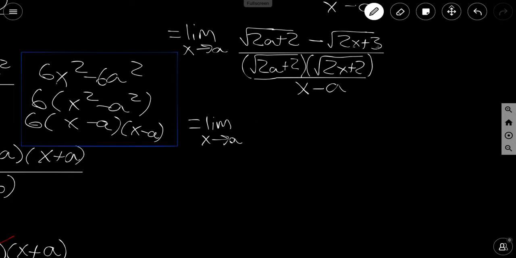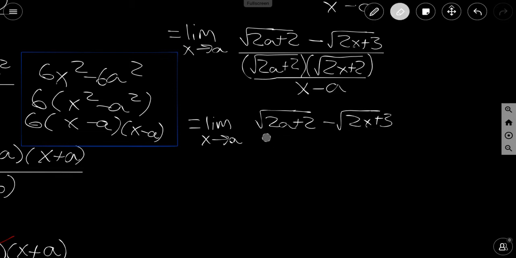Okay, and then the way that we can undo this is going to be by multiplying by the conjugate. I think that's the name of the strategy. Yeah. I'll show you how.